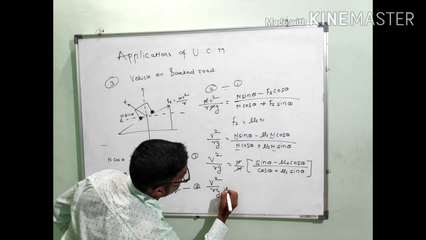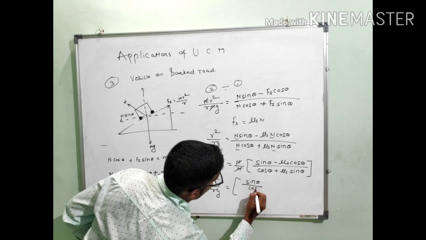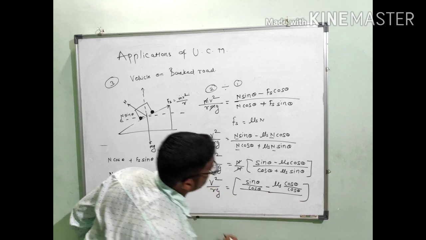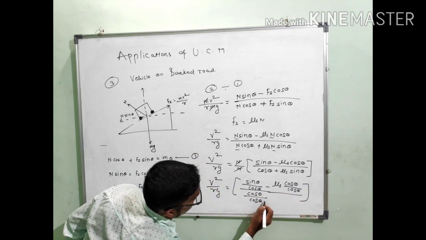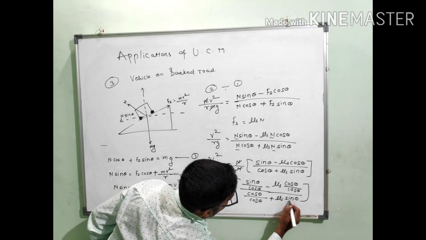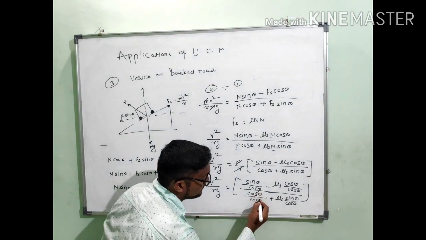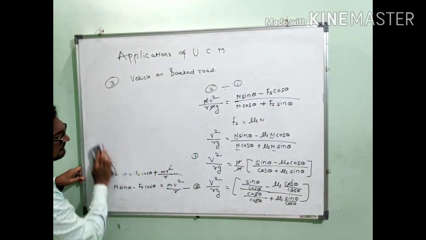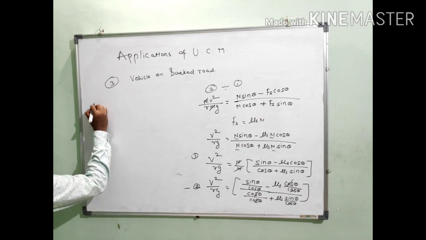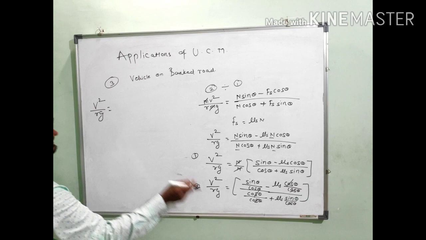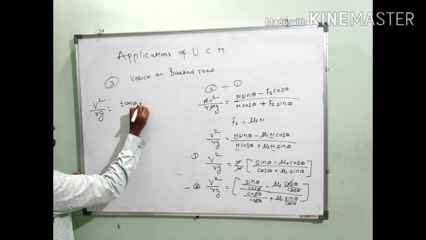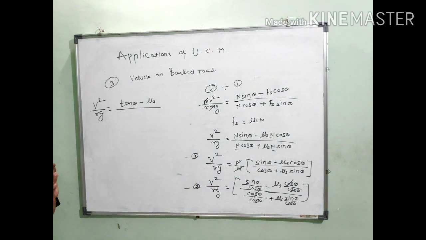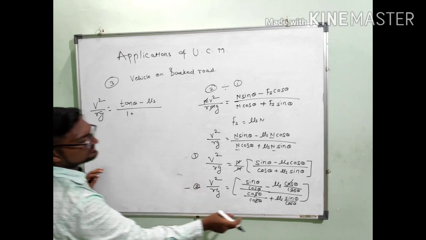The cos theta gets cancelled, and sin theta upon cos theta is tan theta.